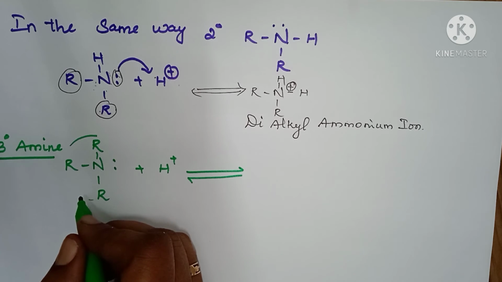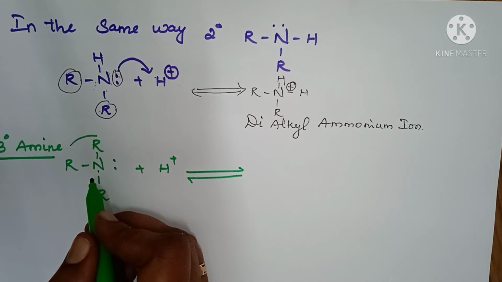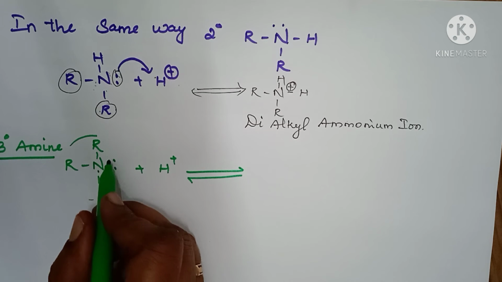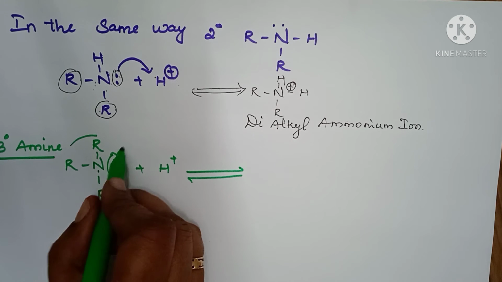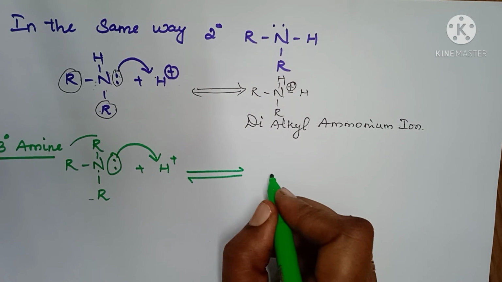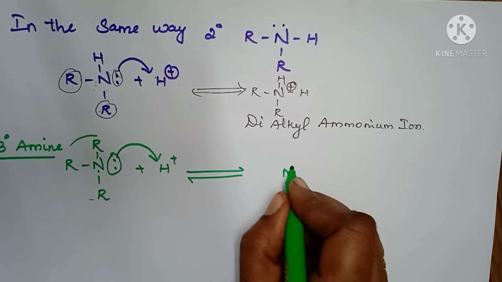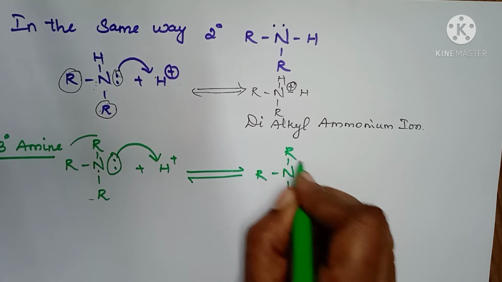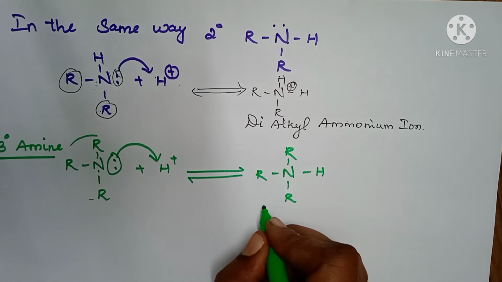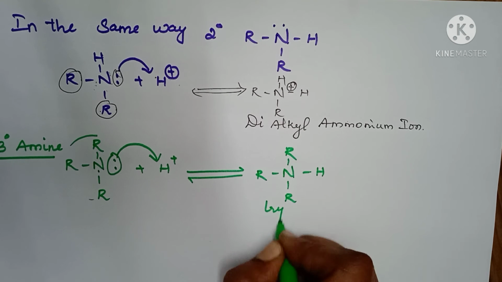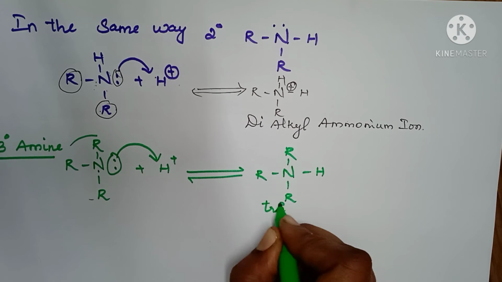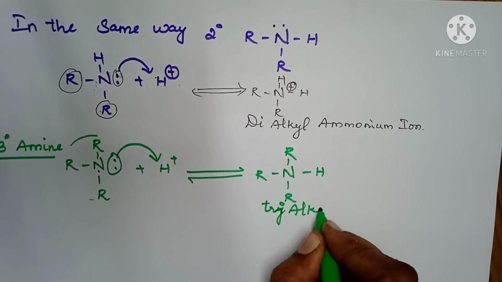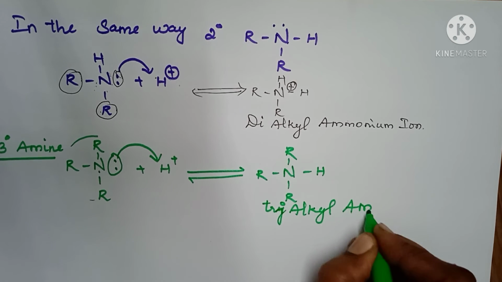Okay, it's ready to push the electron. From all these three sides it's pushing electrons, so naturally the nitrogen is ready to donate electrons. In the same way, N, R, R, R, here H. So trialkyl ammonium ion.